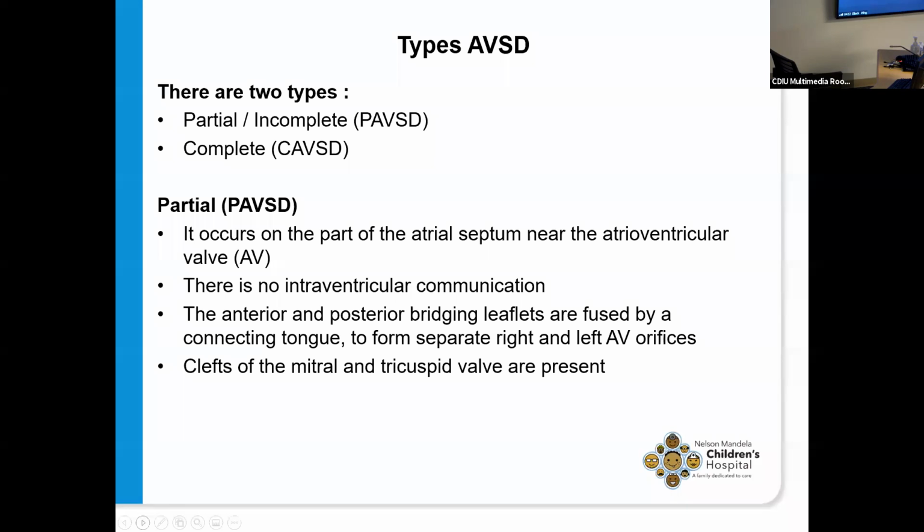There is no intraventricular communication. The anterior and the posterior bridging valves are fused by a connecting tongue that separates the right and the left ventricle orifices, and the cleft is also on the mitral and the tricuspid valve.